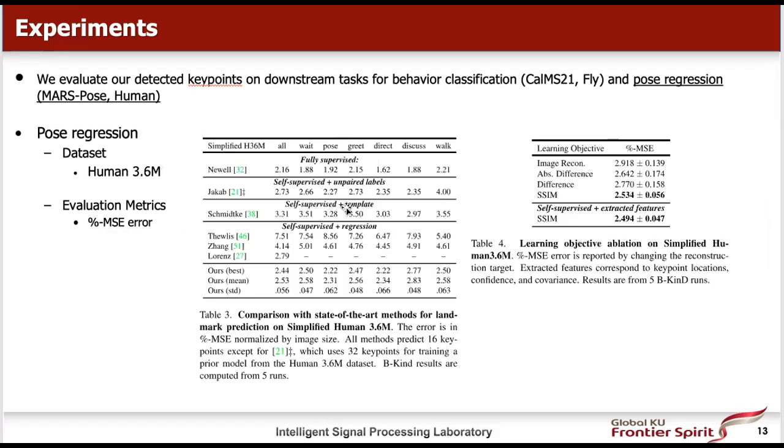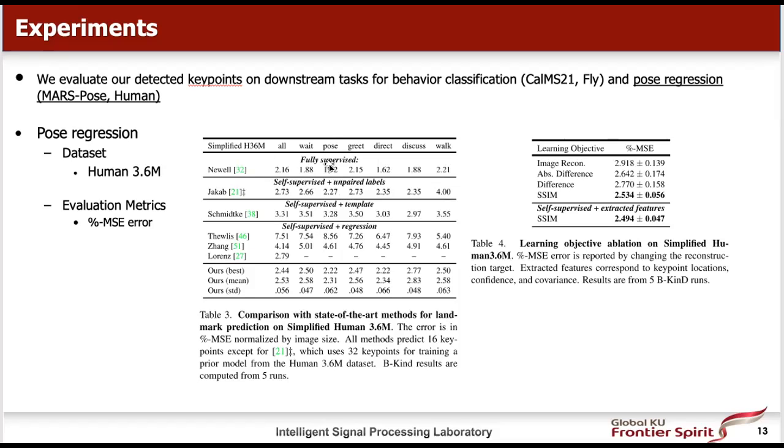And the next downstream task is the pose regression. For the pose regression, we use data that comes from human video, and the evaluation metric is the mean square error. And the left figure is the results of the pose regression.